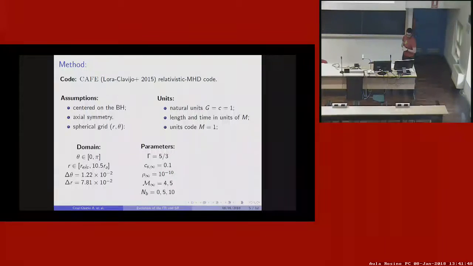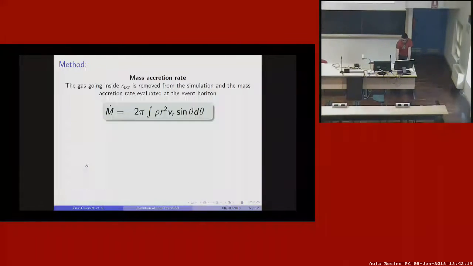We have gamma, the adiabatic index, the sound speed, the density, the Mach number, and NB is the number of the obstacles. The initial velocity is chosen to represent a homogeneous gas that fills the entire domain and which flows along the z-axis.